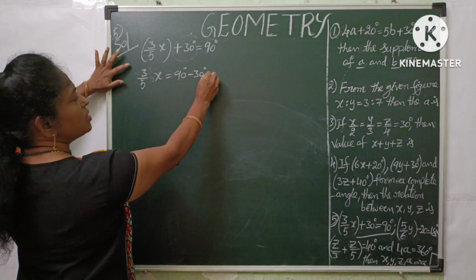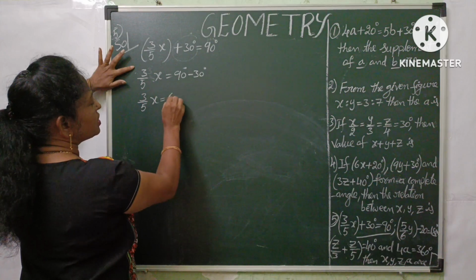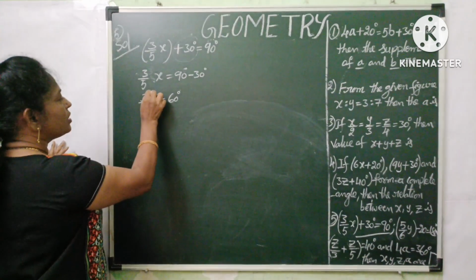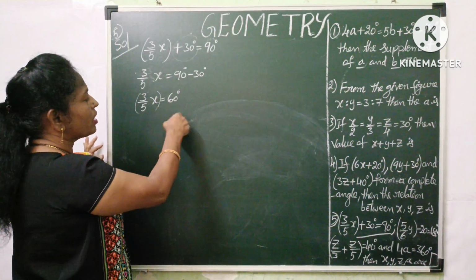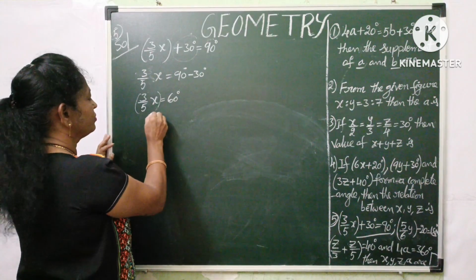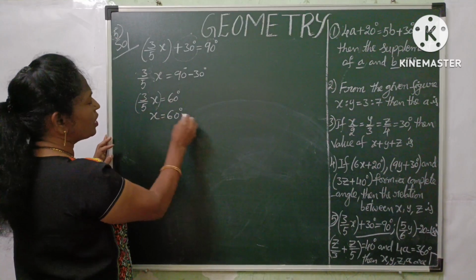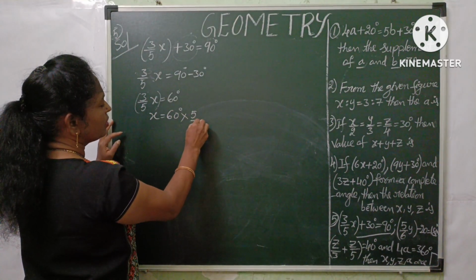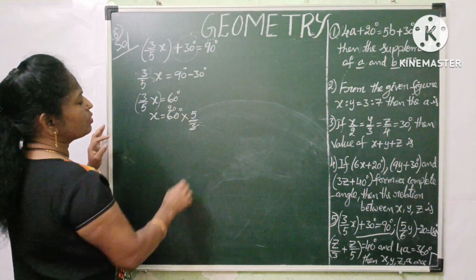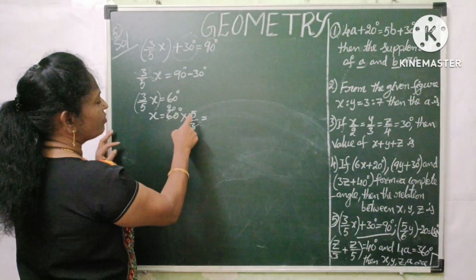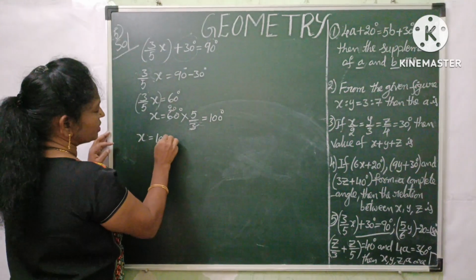Then it is how much? 3 by 5 x equal to 60 degrees. And this is in the into form, 3 by 5 into x. This 3 by 5 we are transposing, means its reciprocal. So x equal to 60 degrees into reciprocal of 3 by 5, which is 5 by 3. Then 3 table in 6, 2 times, then it is 20. 20 into 5 equal to 100 degrees. Therefore, x equal to 100 degrees.